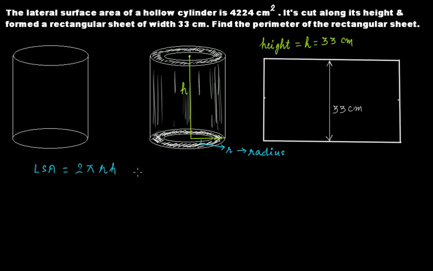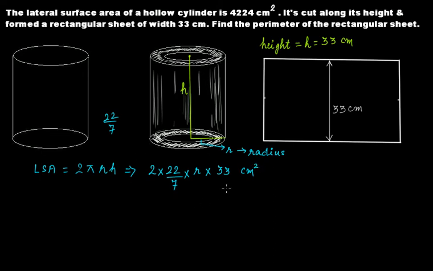Now we don't know the radius, but we know h, and we know the lateral surface area. So let's take pi as 22 by 7. So 2 multiplied by 22 by 7 multiplied by r multiplied by h, which is 33, centimeter squared.